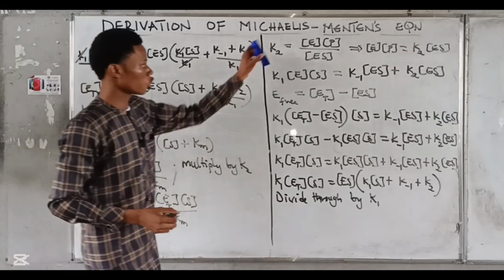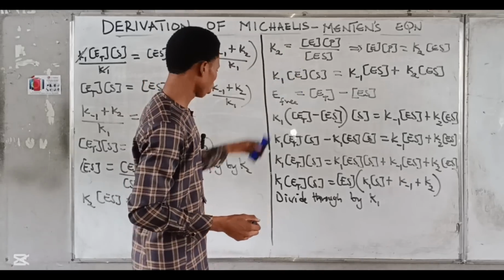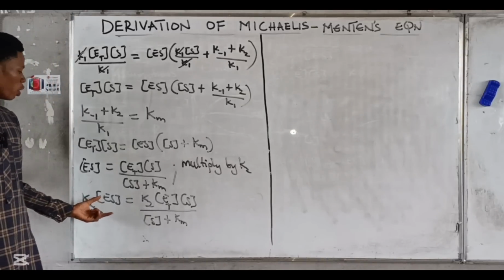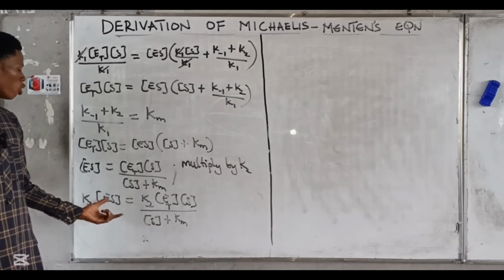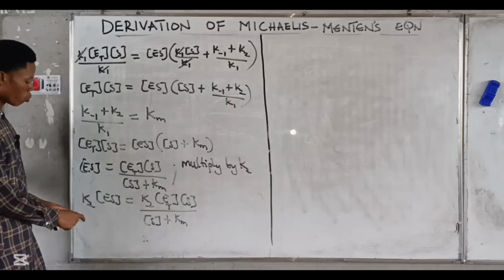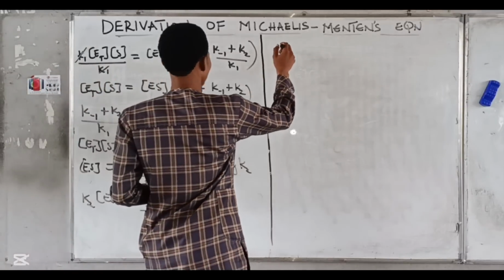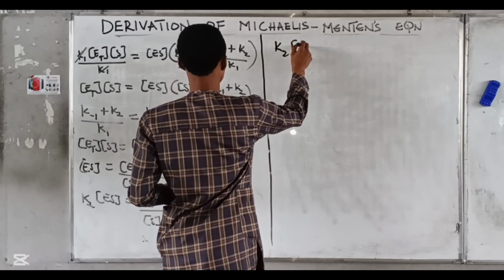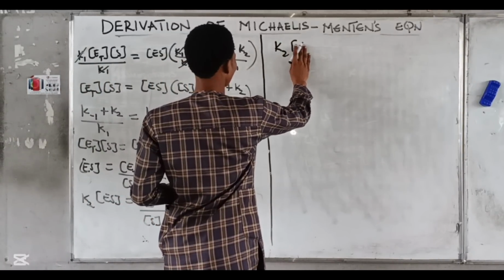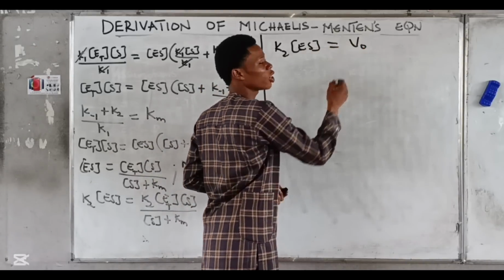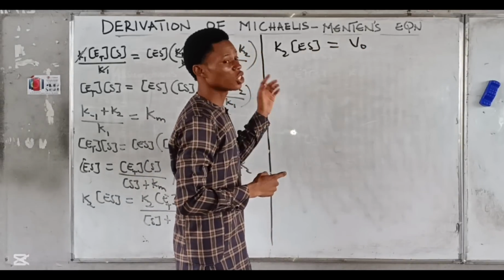Alright, so now we've divided through, we've multiplied through by K2. The next thing is, just look up. K2 ES is equal to initial velocity.